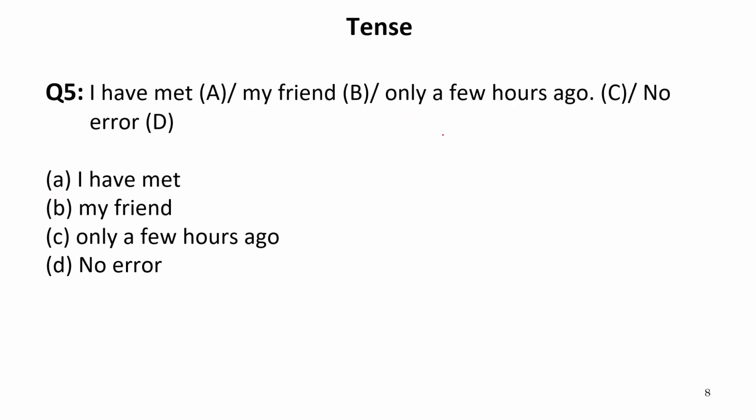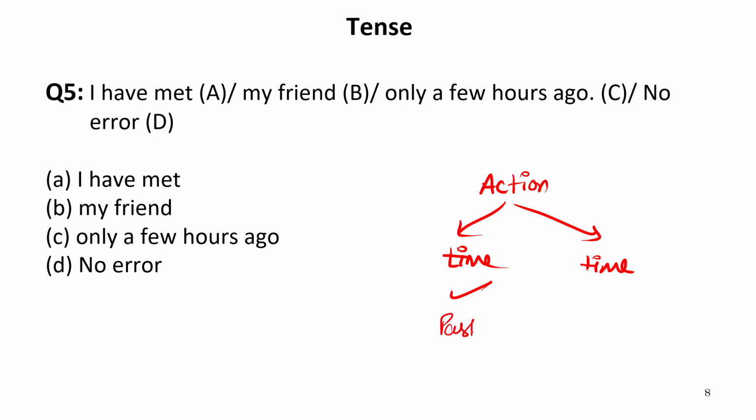I have met my friend only a few hours ago. Now whenever any action has taken place, we'll see whether we know the time it happened or we do not know the time of action. So if we know the time of action, we'll make the sentence in past indefinite tense.